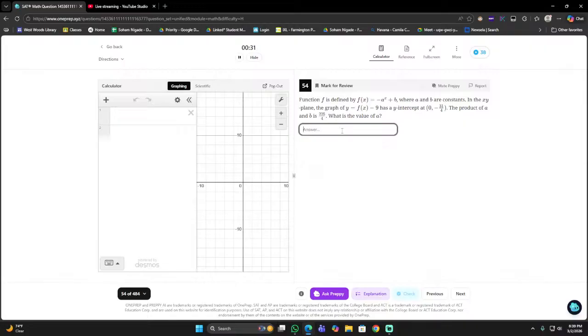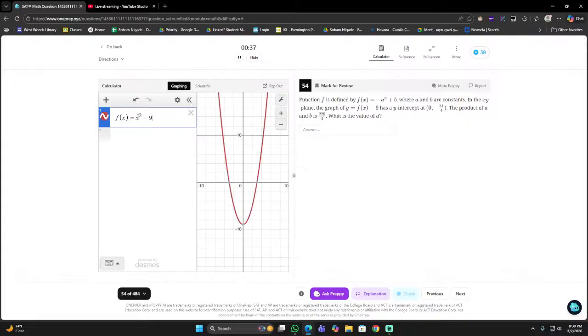If f of x equals x squared minus 9, this makes it lower by 9, right? So think about this property. If the y-intercept is at negative 9, we just add 9. So negative 31 over 4 plus 9 is just 5 over 4.